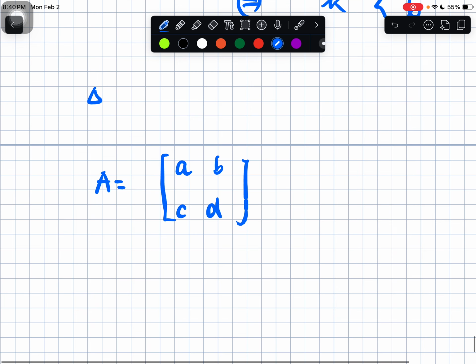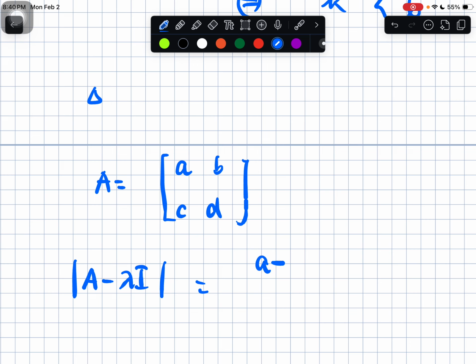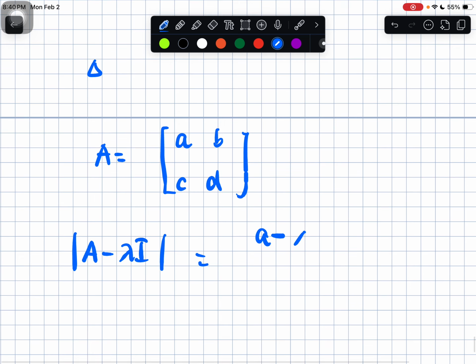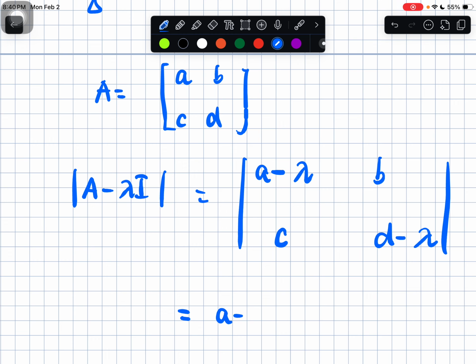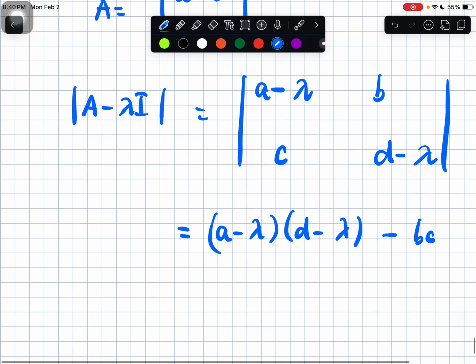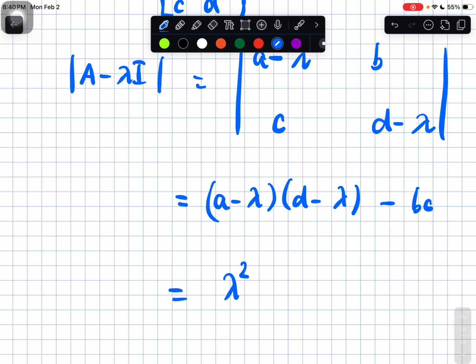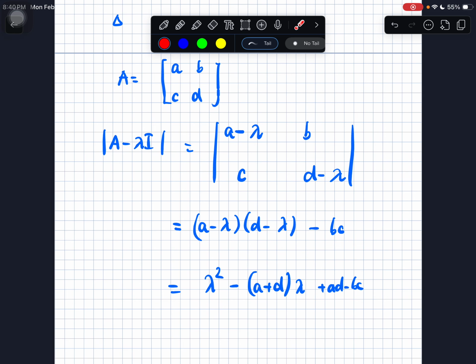Then you have the characteristic polynomial, the determinant of A minus lambda I, which is A minus lambda, B, C, D minus lambda. So you have A minus lambda times D minus lambda minus BC. So this means lambda square minus A plus D lambda plus AD minus BC. So look at that, this one equal to 0.